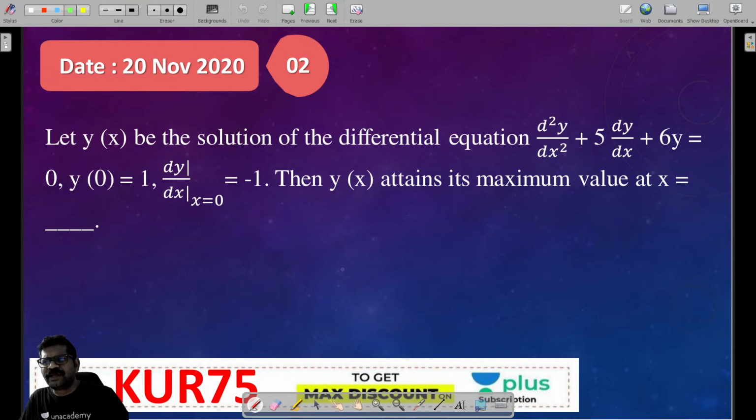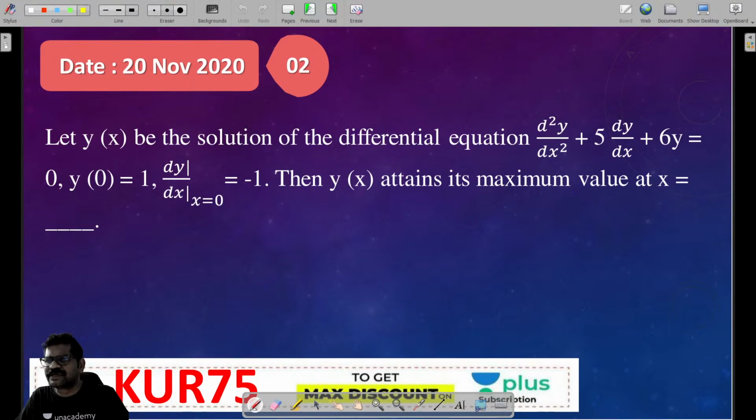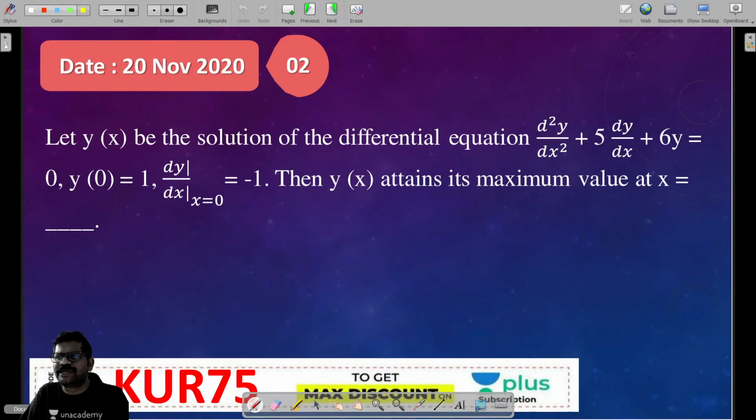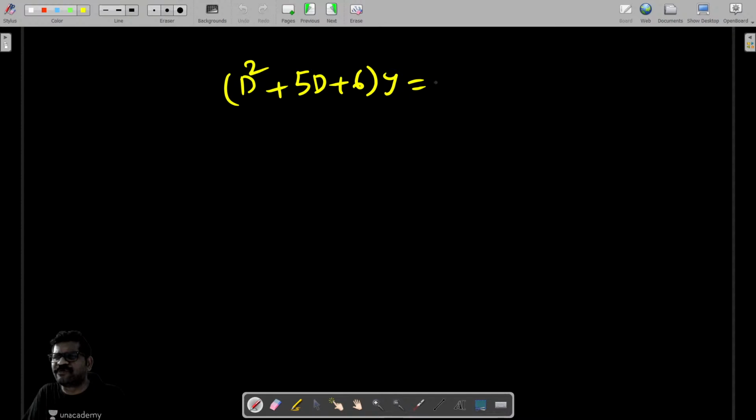Now, if y of x is the solution of the differential equation, then the function attains maximum value at x equal to what? Now, d square plus 5d plus 6 of y equal to 0.